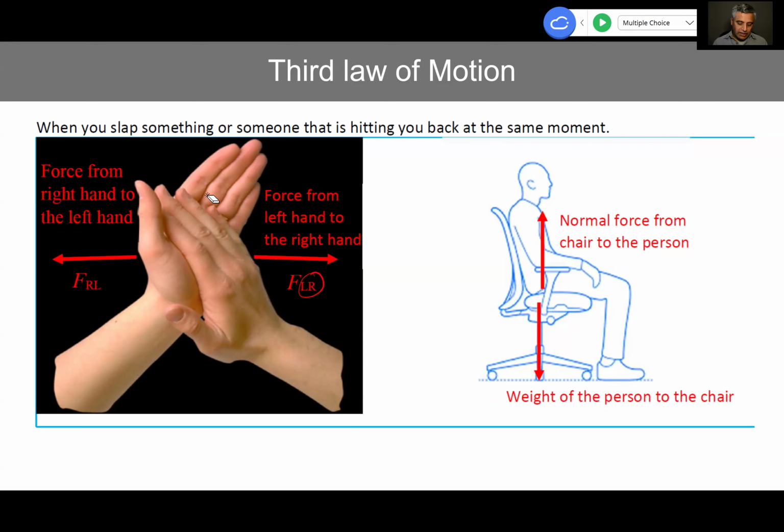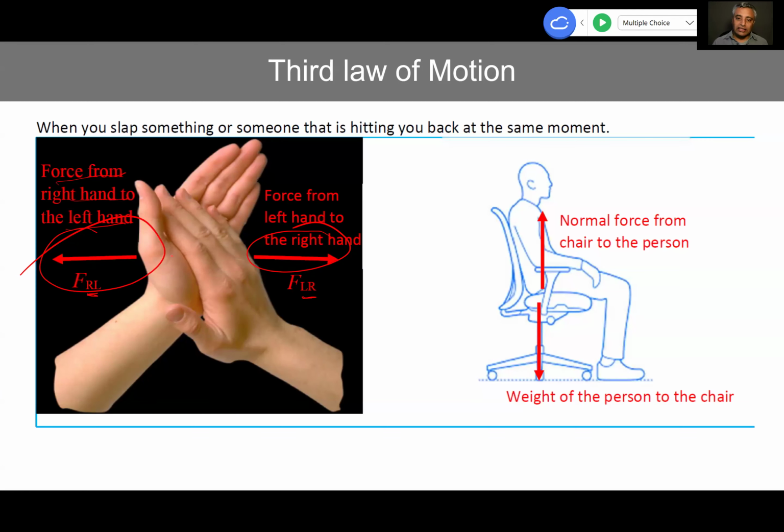For example, here it says force from right hand to left hand when we are doing this, right? So right hand to left hand, that's why RL. Now here you see the subscript is flipped, from left hand to right hand. So these are two forces acting on two different objects. Keep that in mind. It's not acting on the same object.